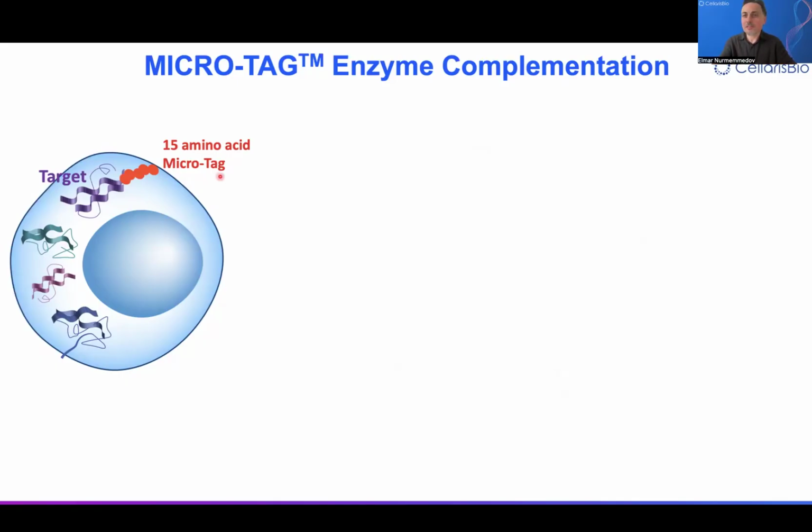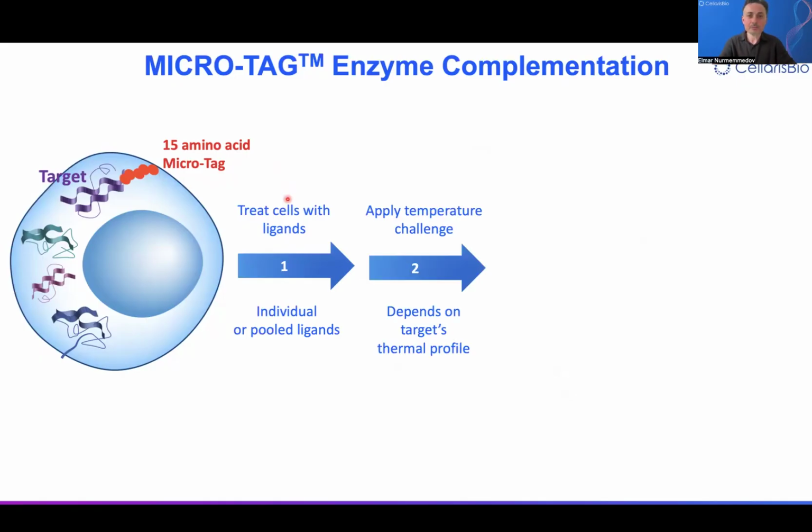This gives you a reporter cell for that specific target. You would then treat the cells with that ligand in whatever format necessary for your project. Then you would apply the temperature challenge in a way that destabilizes the target inside the cell to a point at which the effect of your ligand would be visible.